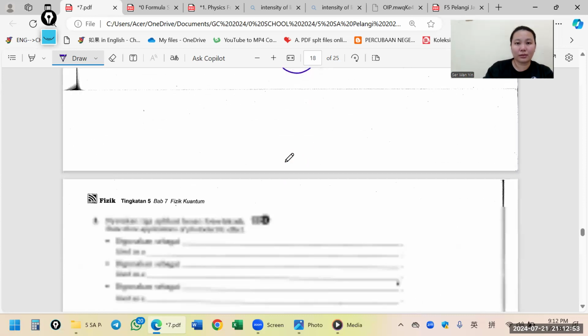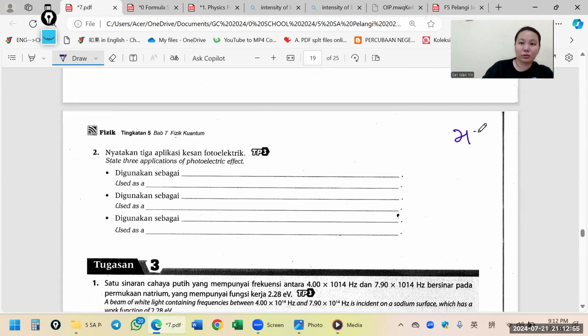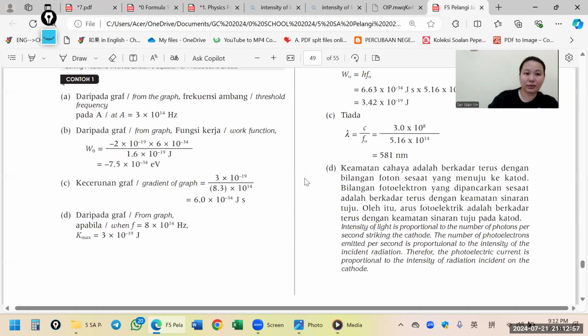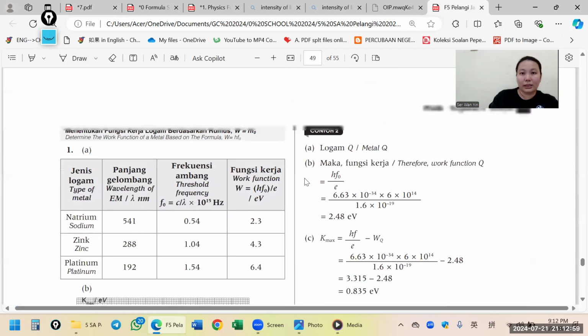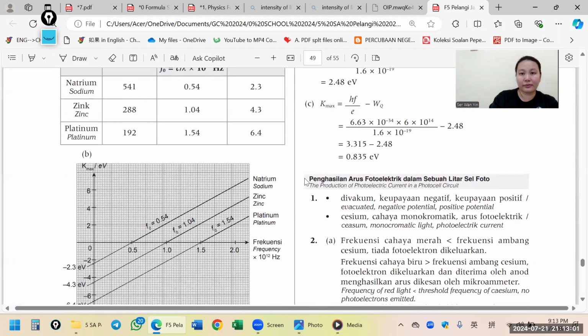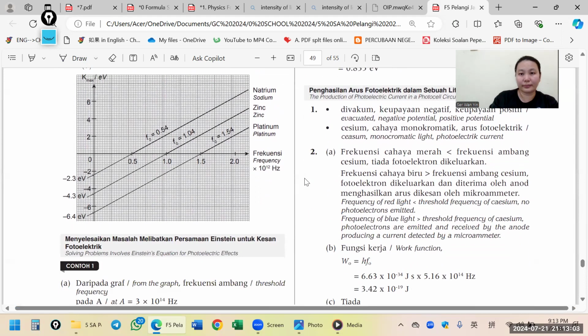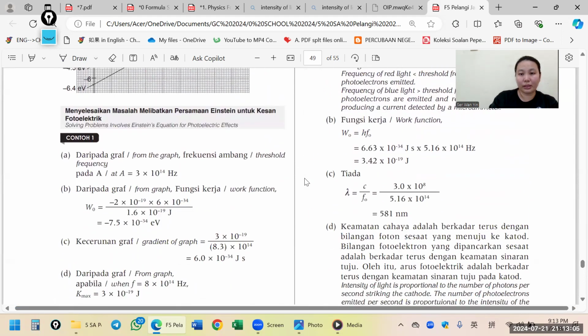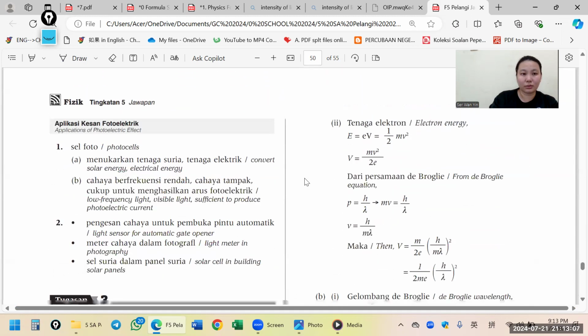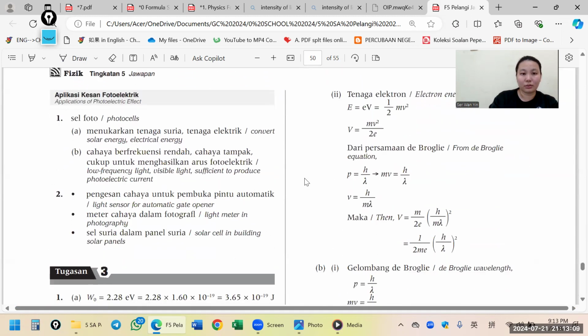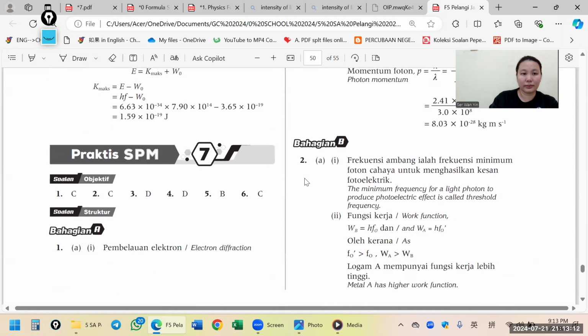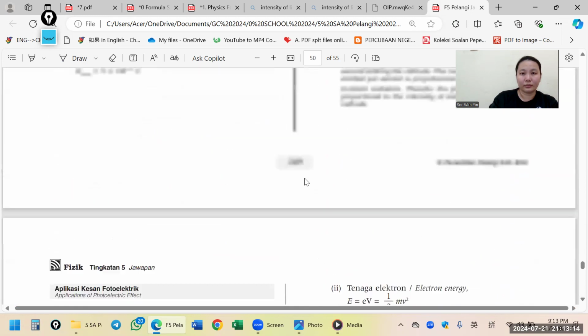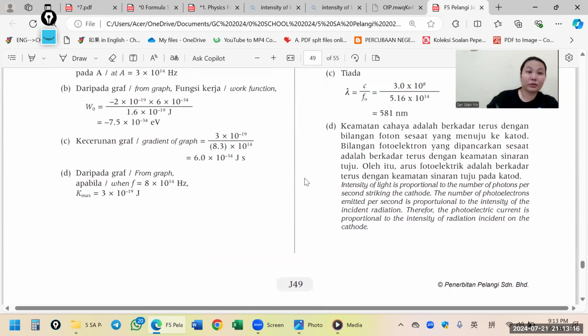Okay, so for this one, you can check what is the application. What is this application?